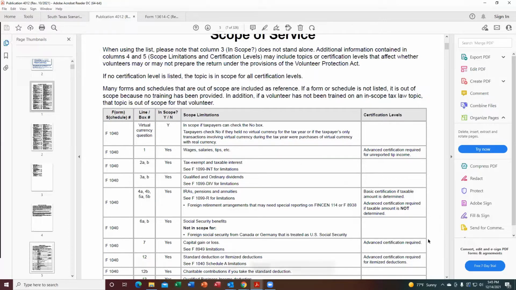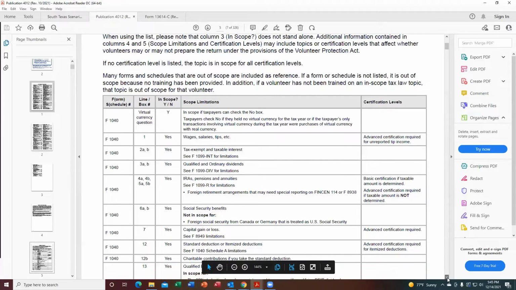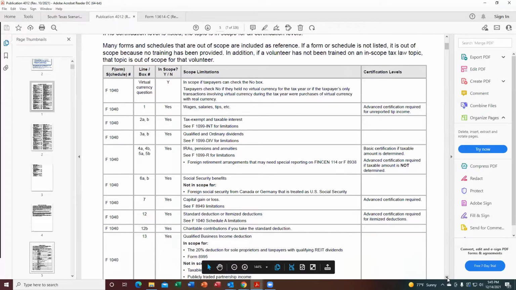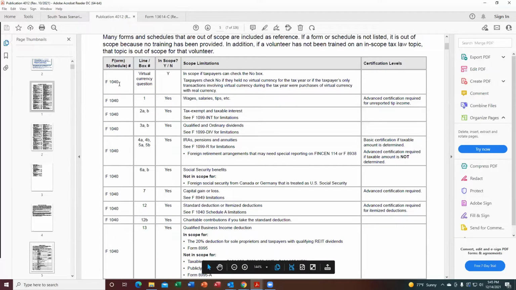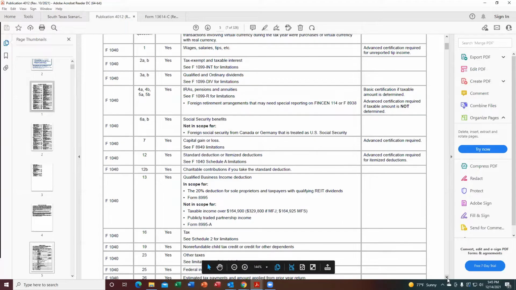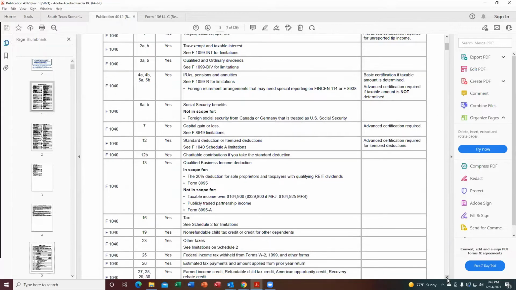But right in here, it tells you, okay, this is a nice little sheet, and it tells you the forms where this information is found, the lines and boxes, and whether this is within scope for VITA services. So if we had doubts or questions in regards to that, this table will assist us in the process.